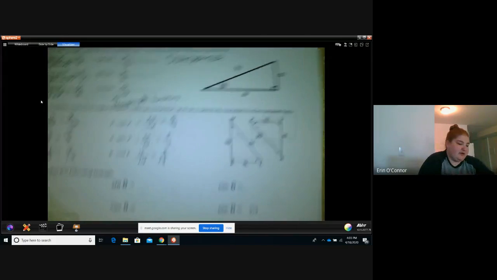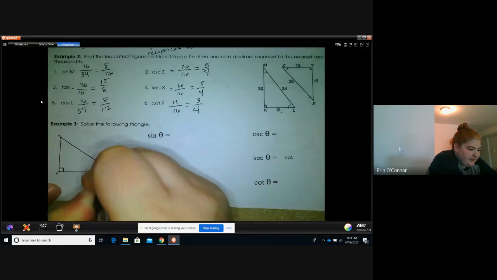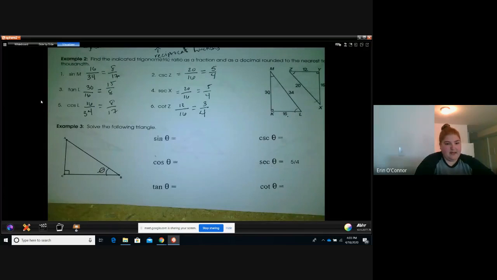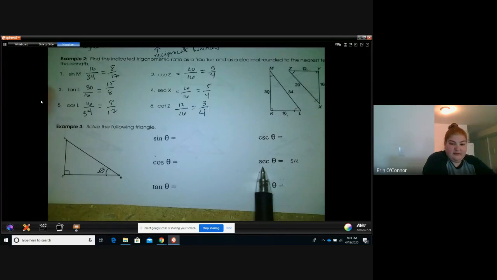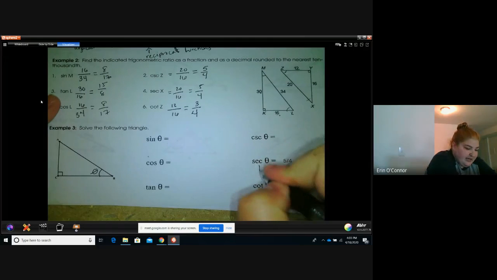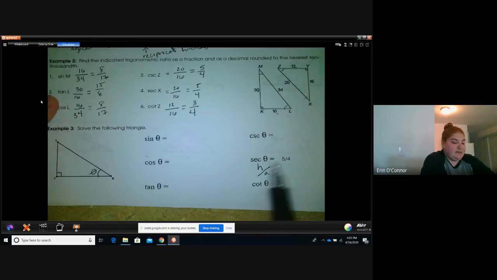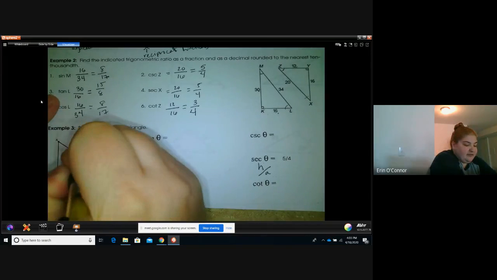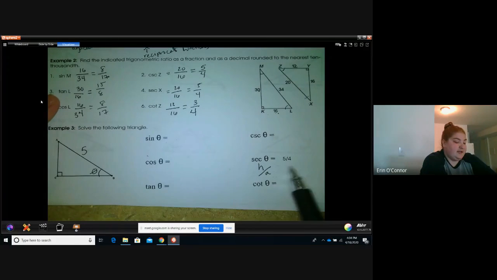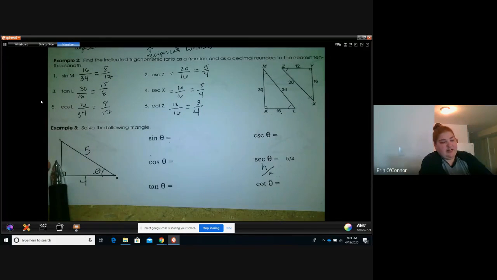Okay, so here is my theta right here for this next one. It tells me secant. So secant, remember, is H over A. My hypotenuse is 5 and my adjacent is 4, which means I need to find this right here.